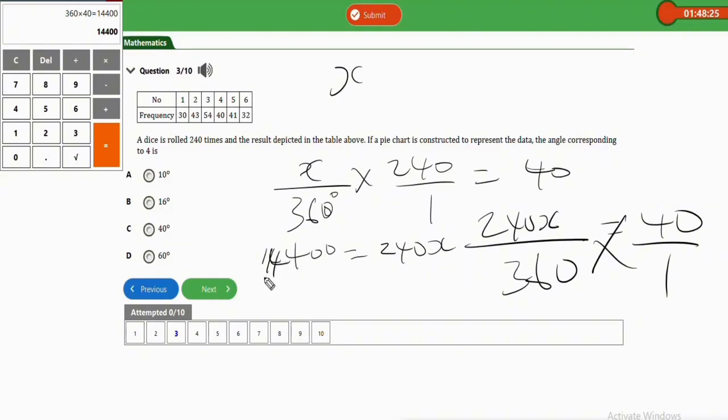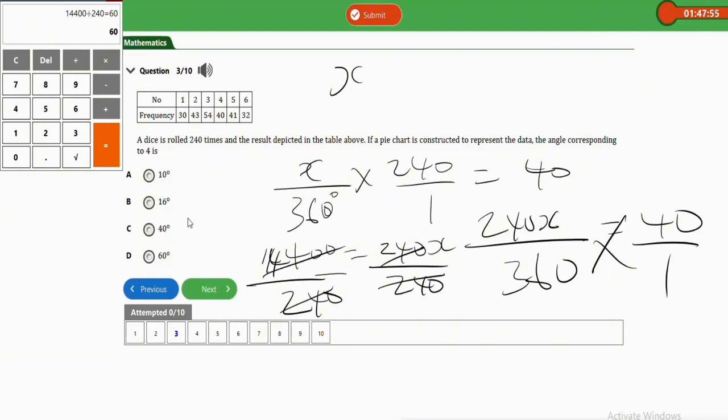Divide both sides by 240. So our x will be, we punch this on the calculator, divide by 240. We have it to be 60 degrees. So the angle corresponding to the fourth value will be 60 degrees.